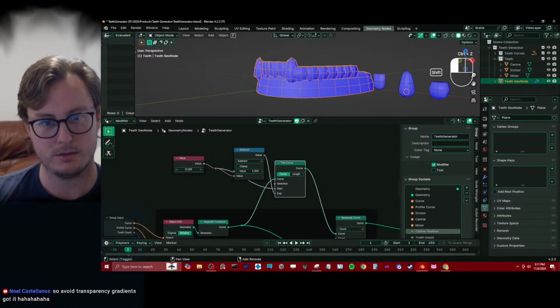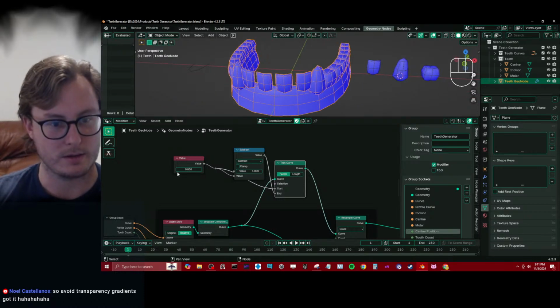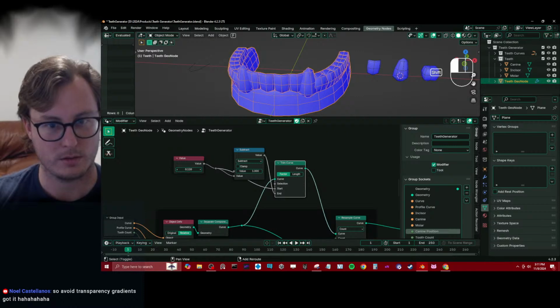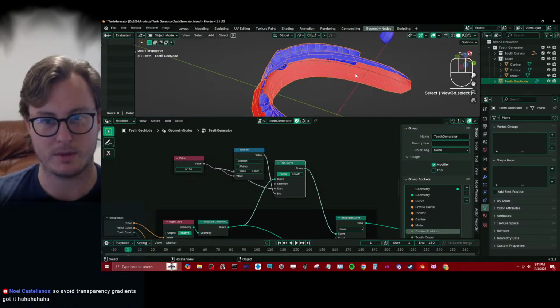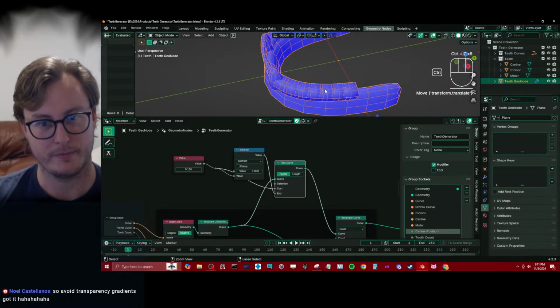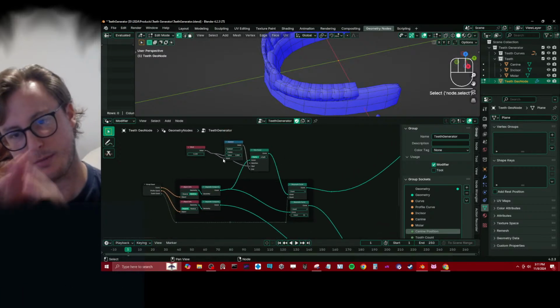Is that really what I want to do? In a sense. It's going to be something like that, but I mean, then the molars are so crowded. That it would be something like that.